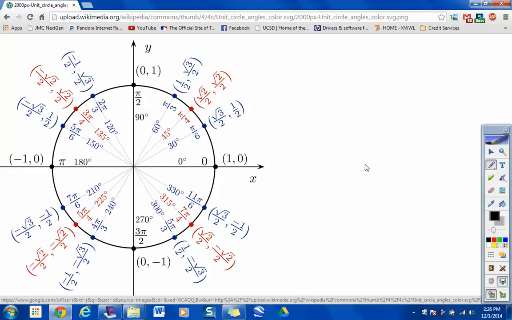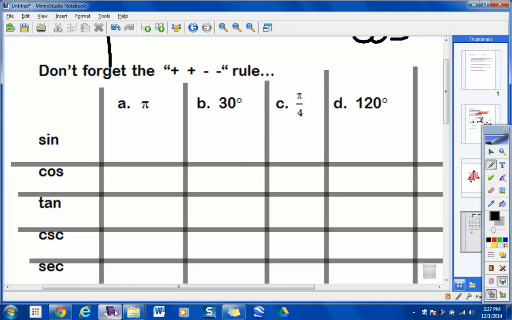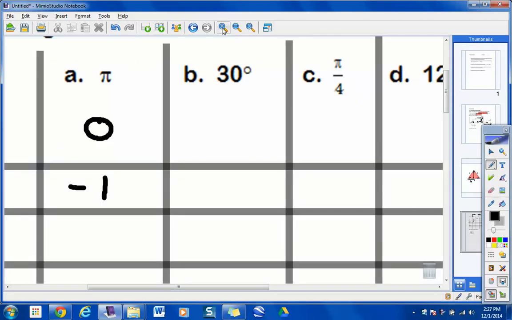Okay, we got to find the sine and the cosine. Obviously, what's the cosine value going to be right here, Gary? -1. And what's the sine value going to be? 0. So I'm going to go back to my chart right here. Sine was 0, cosine was -1. How do I use those two values then to figure out the tangent value?